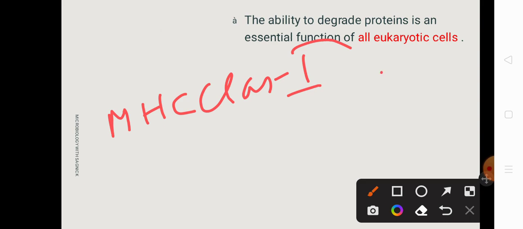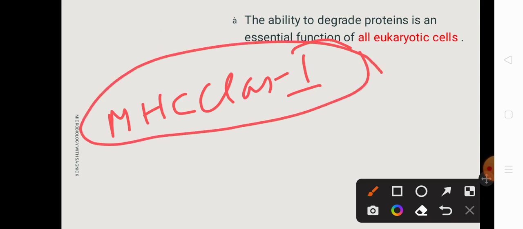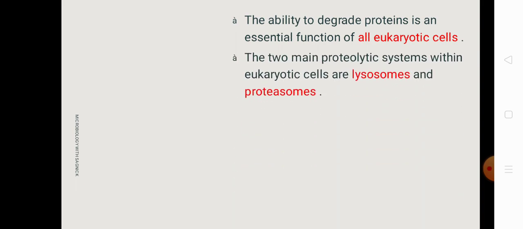We have also talked about the proteasome in the endogenous pathway associated with the MHC class 1 molecule. So you can understand how important protein degradation is in various aspects of biological sciences. So it is very important for a eukaryotic cell to be able to degrade proteins.